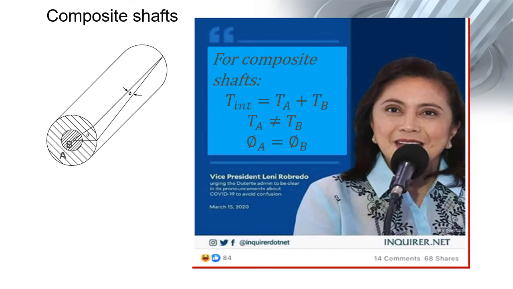However, if it is indicated in the problem that TA is equal to TB or TA and TB have a certain relationship, use that relationship. Note that you will be using these equations for the next sample problem to be discussed in the next video of the series.